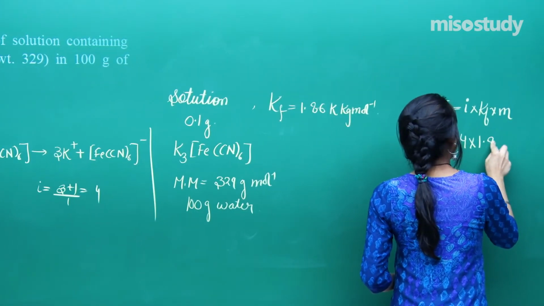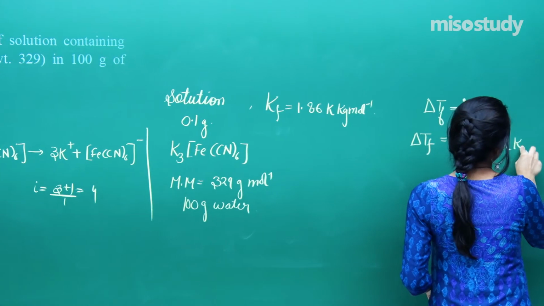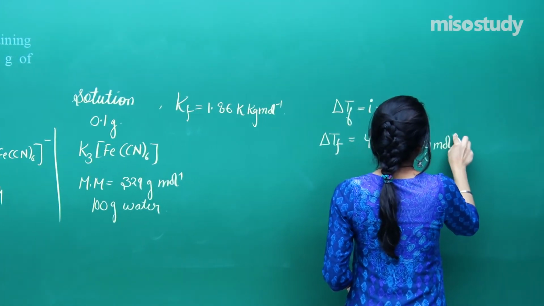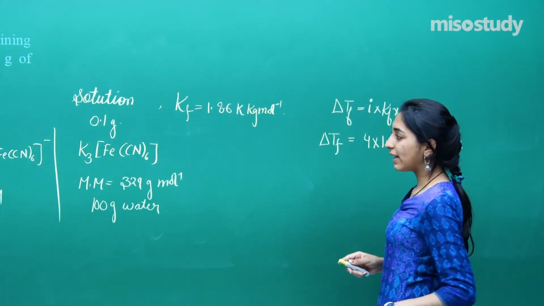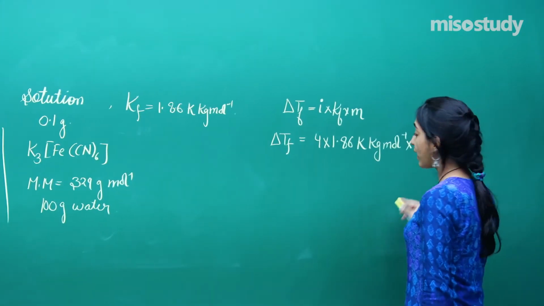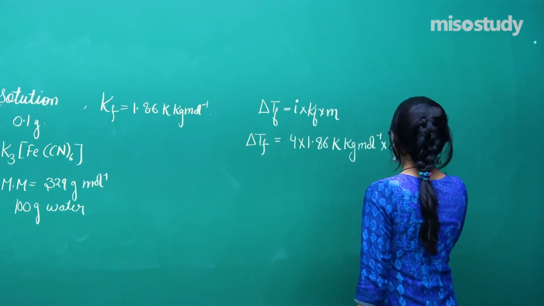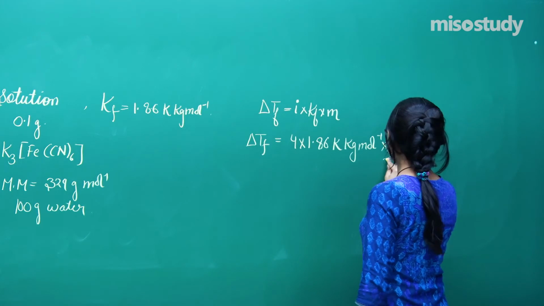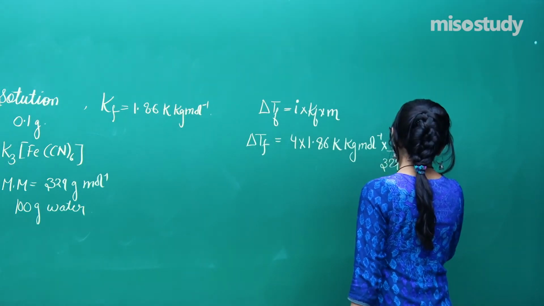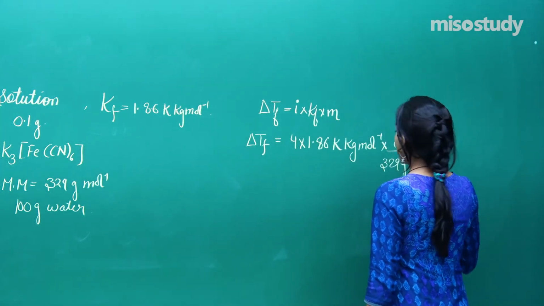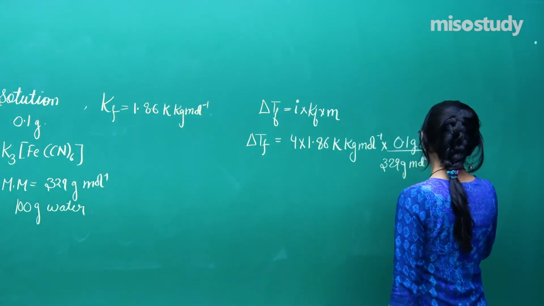So delta Tf is equal to 4 into 1.86 Kelvin kg per mole into molality. Molality is basically defined as given mass divided by molar mass, divided by the mass of solvent in kilograms.